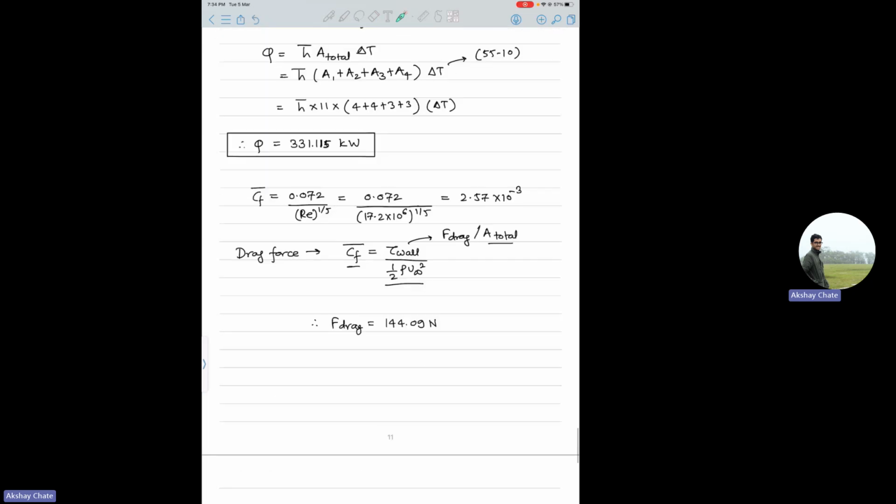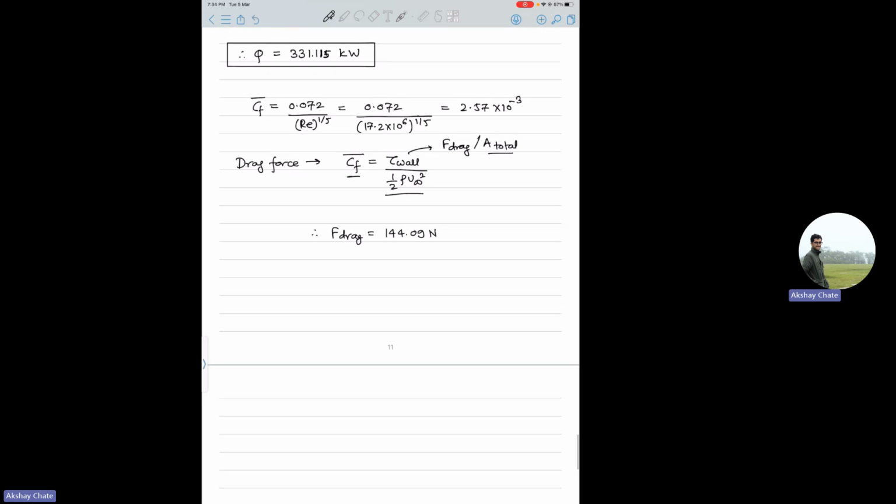So we know that power required is nothing but drag force into u infinity, because this is the velocity against which we are doing the work. So that is nothing but 144.09 into 25. So you will get 3.602 kilowatt. And this is your answer.